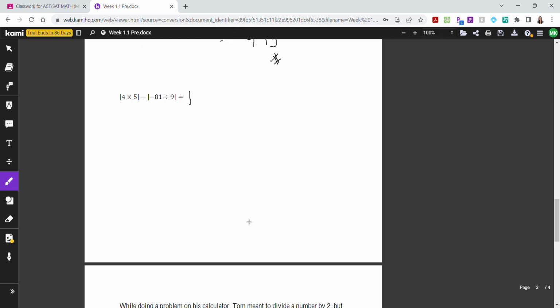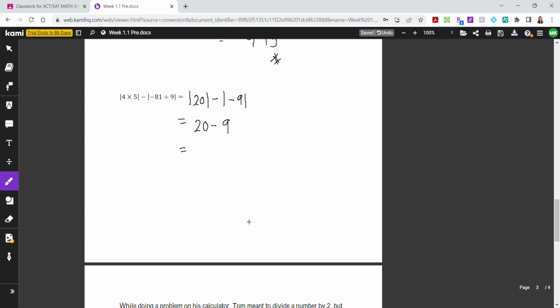So 4 times 5 is 20, close absolute sign, minus negative 81 divided by 9 will become negative 9, close absolute sign, right? Now if we open the absolute signs, we're going to get 20 minus 9. Because remember, anything inside the absolute signs will become positive. So that negative 9 will become positive.